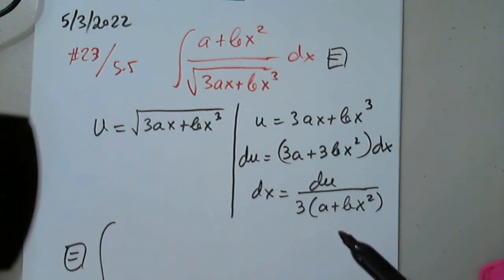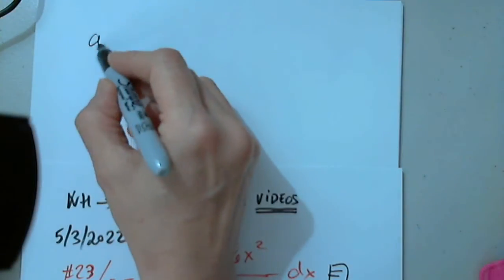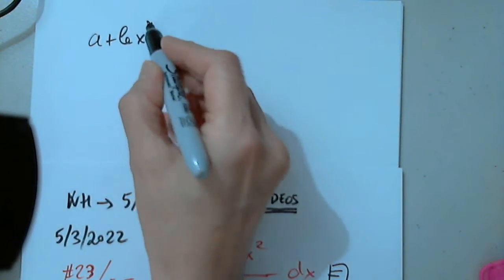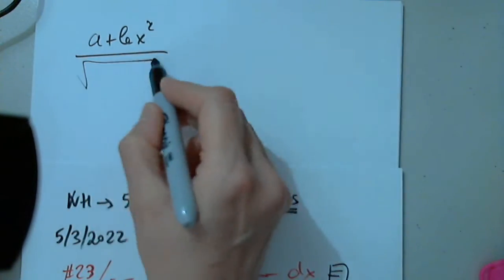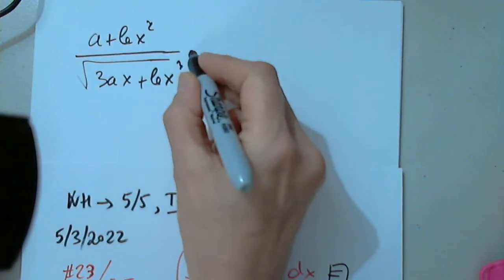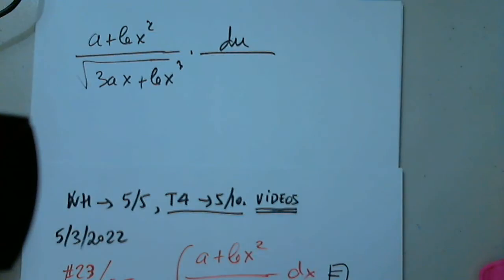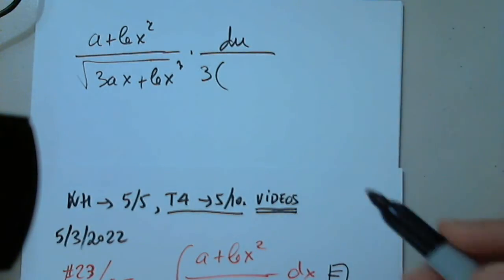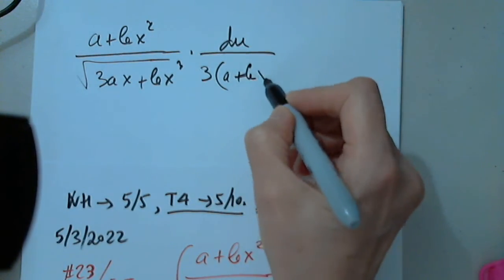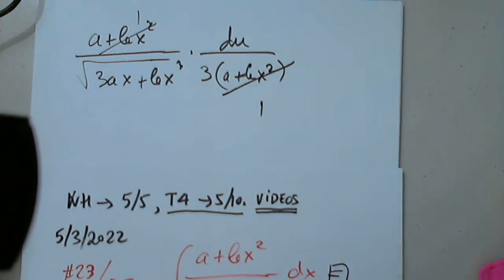Okay. I have to do it on the side. So in other words, I'm going to the next page if you want, and take (a plus bx^2) divided by the square root of 3ax plus bx^3, and then I replace dx by du, but not inside of an integral. You can do these calculations on the side, which I find more cumbersome, but if this works for you, I'm fine.